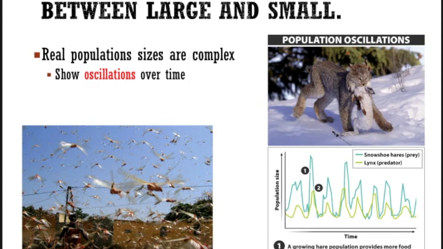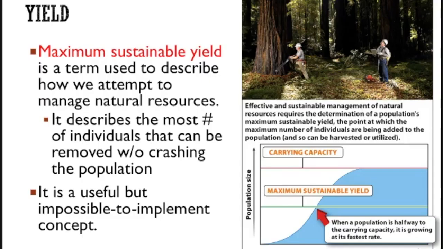So one of the things that population ecologists really pay attention to is how to manage our natural resources. We as scientists want to have sustainable yield, and that simply means that you don't want to kill off everything in nature, but you do want to be able to harvest some of those resources.